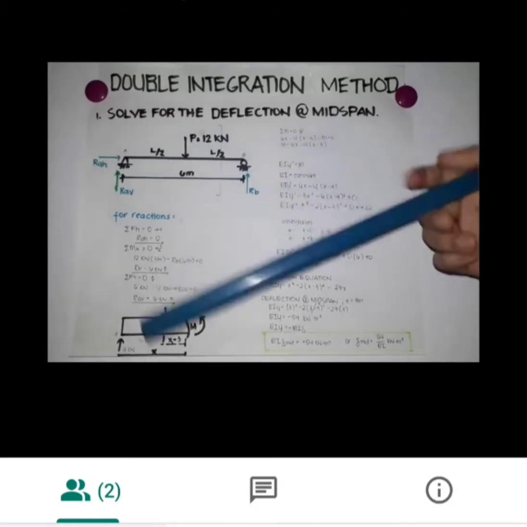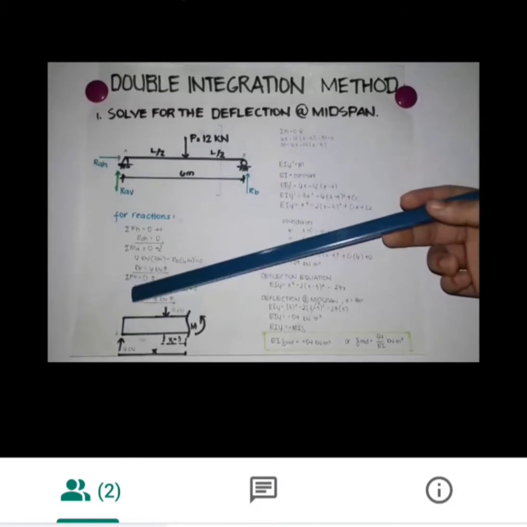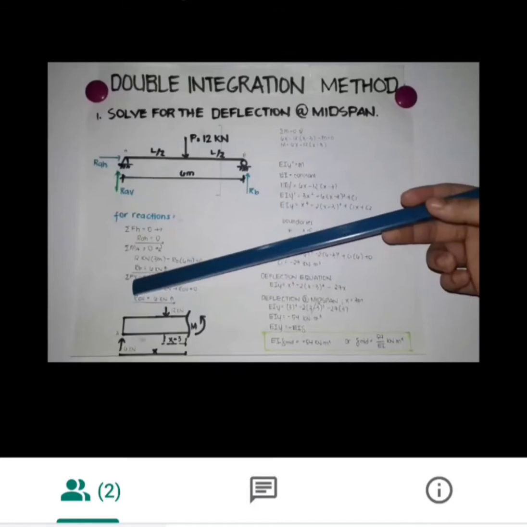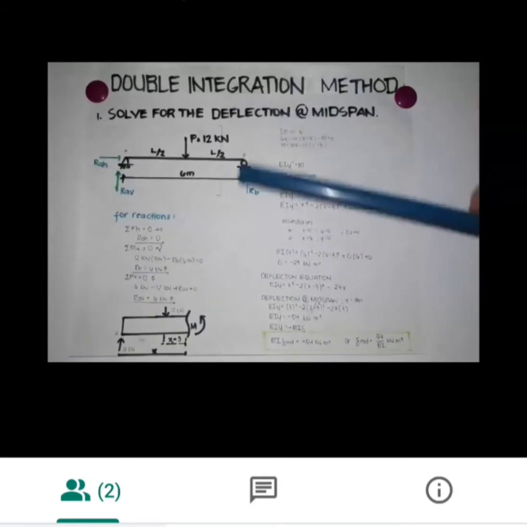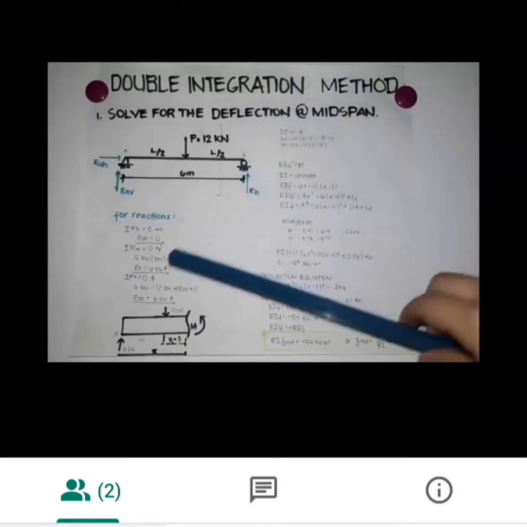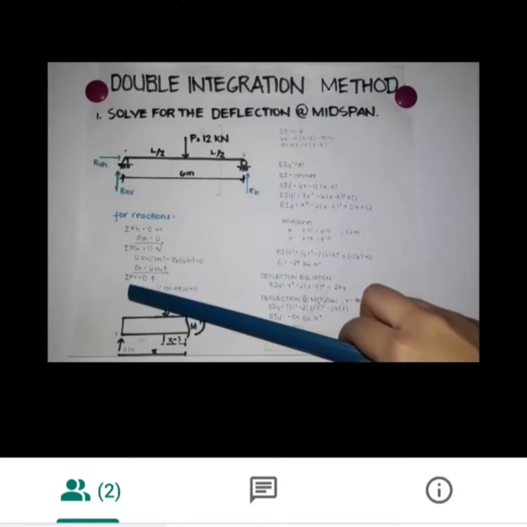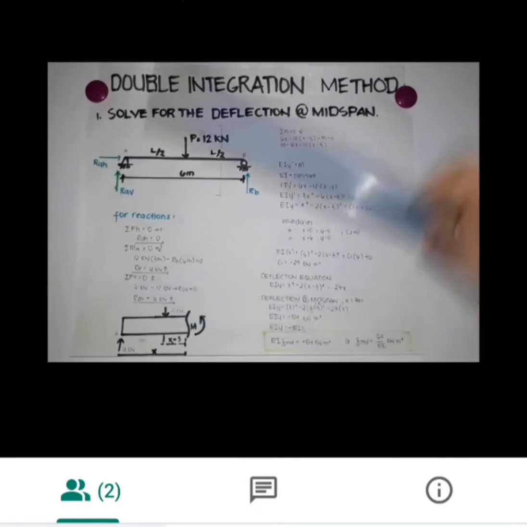And pag kinompute, reaction at B is equal to 6 kilonewton upward. Since positive, that means tama yung shown na direction natin for reaction B. And summation of forces along the vertical is equal to 0, upward positive.